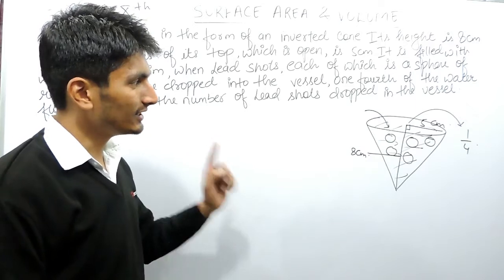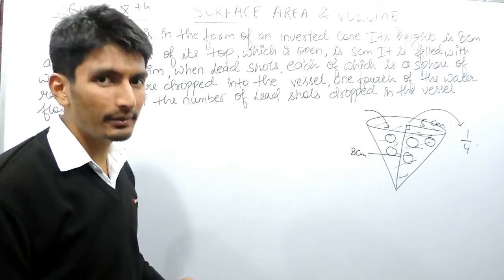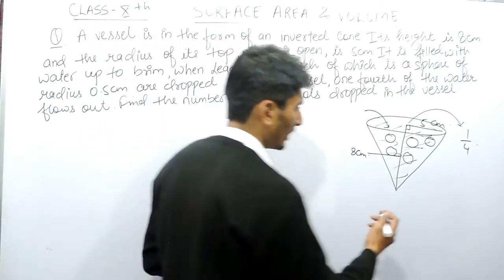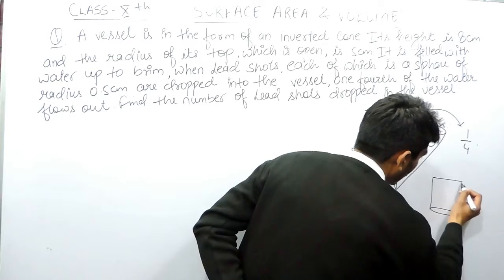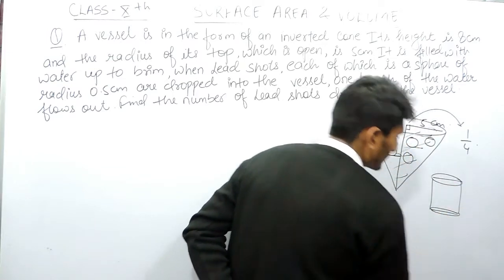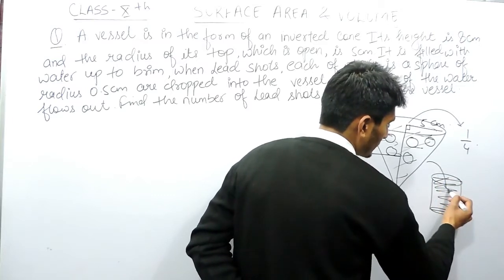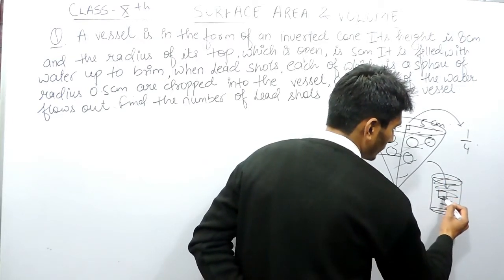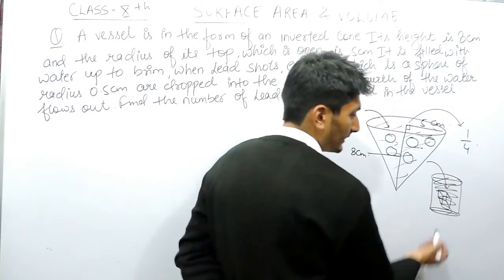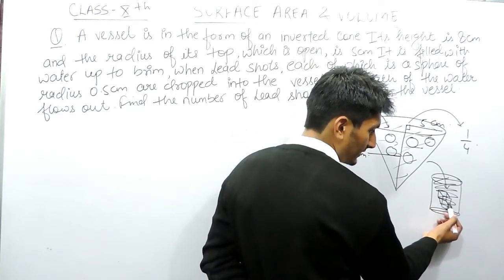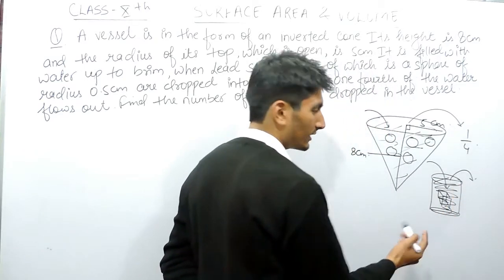The first is, this question is based on Archimedes principle. Now, what does Archimedes principle say? According to Archimedes principle, if I have a container, let's say a cylinder, and it is filled with water, if I place something inside this container, this thing will displace the same amount of water.